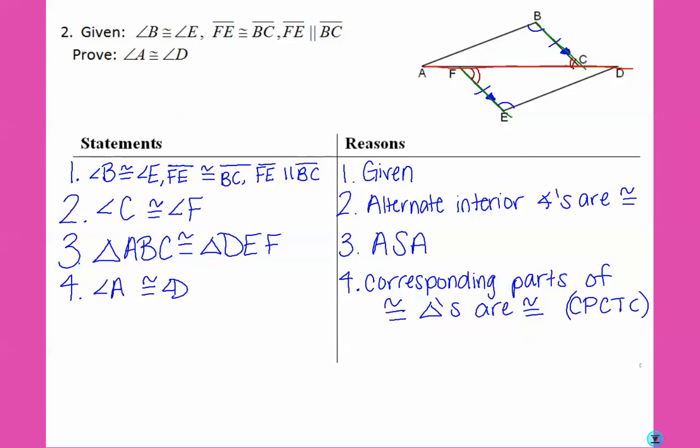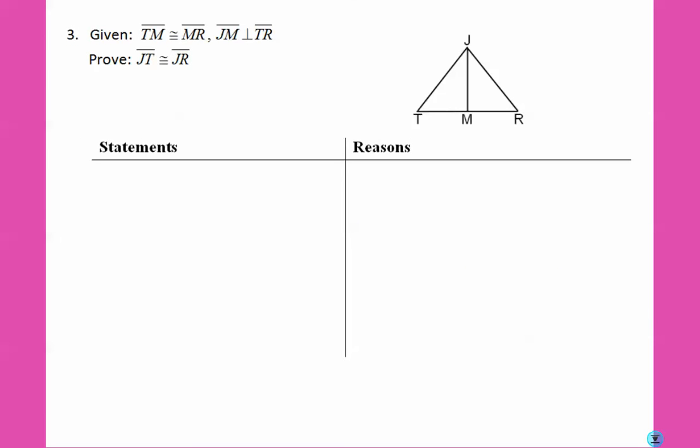And our final proof for today. Given that TM is congruent to MR and JM is perpendicular to TR, prove that JT is congruent to JR. So, start by marking our congruent information.